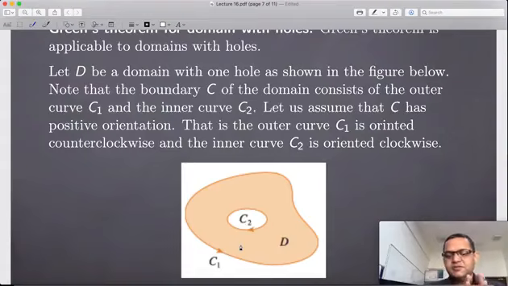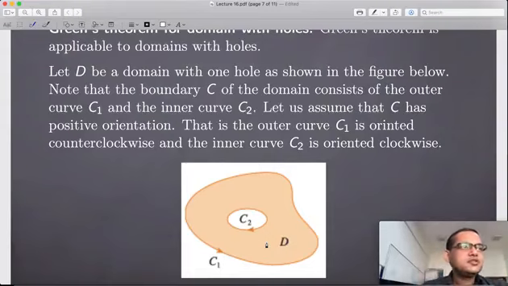Okay, so when I talk about the boundary curve being positively oriented for this kind of domain, then you have to be careful that the outer part is going to go this way and the inner part is going to go the opposite way, because the definition of a positively oriented curve means this: the domain always falls on the left when you move with respect to the positive orientation. Okay, so you have to be a little bit careful.